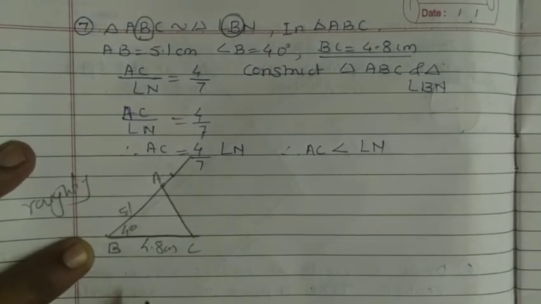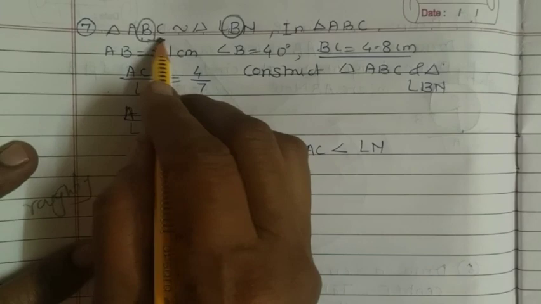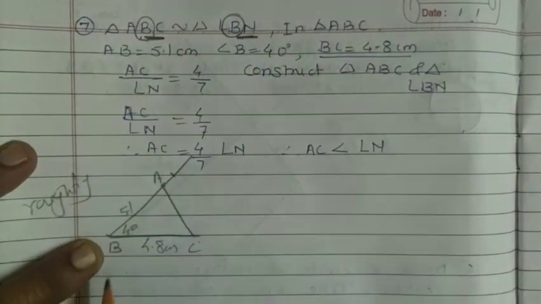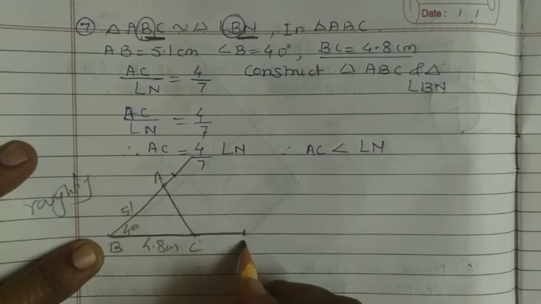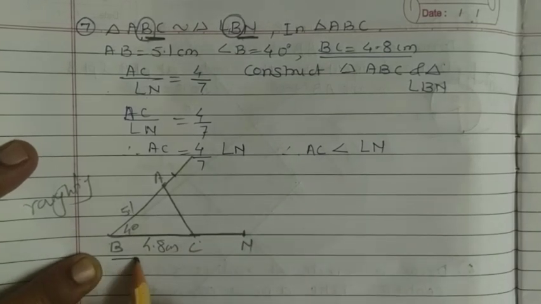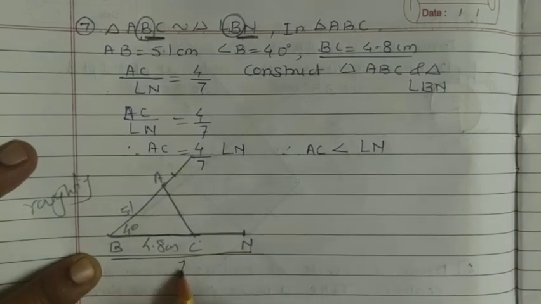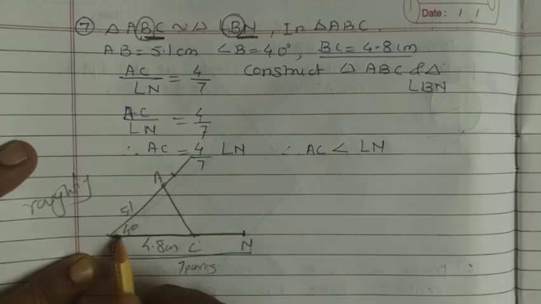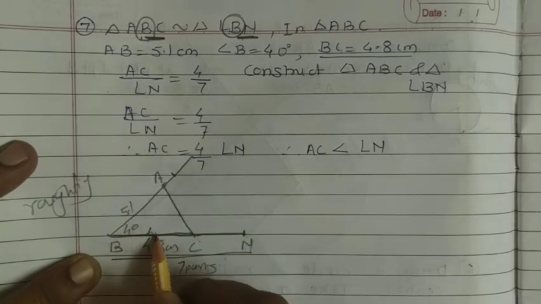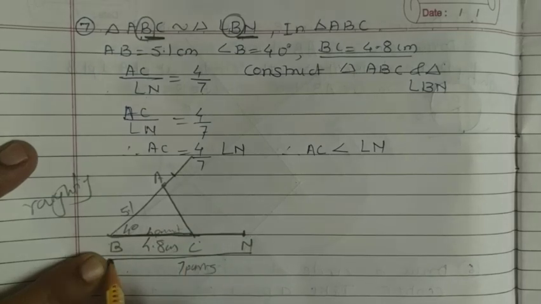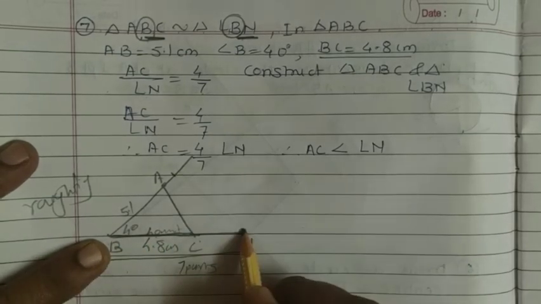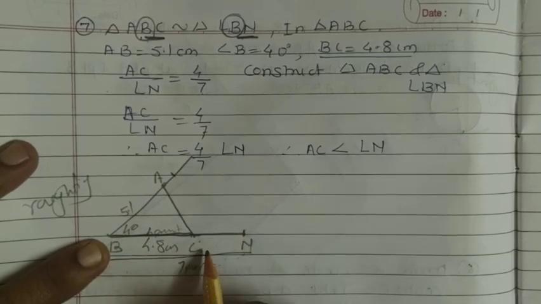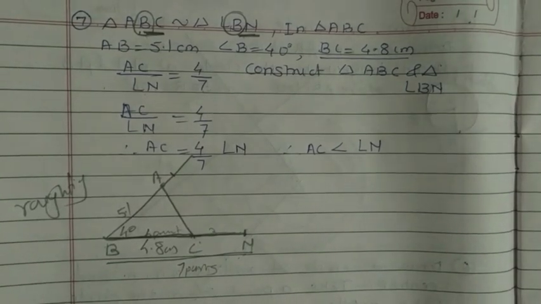Now onward, side BC of triangle ABC is similar to side BN. This means onward there is a point N such that this total BN is 7 parts whereas BC has 4 parts. As BN is 7 and BC is 4, the remaining CN has 3 parts of that ratio.